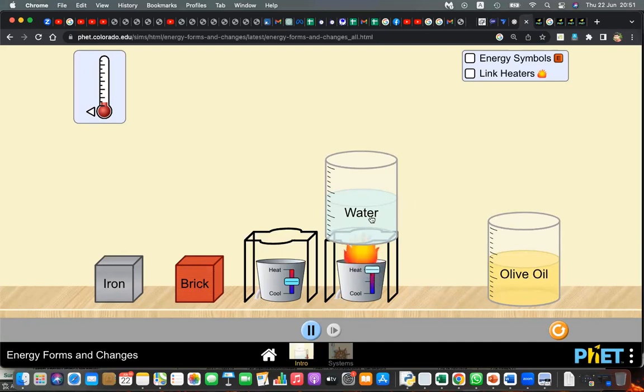And when you increase that, it will indicate this here. Let's see the energy symbol, and you can see here energy is added. You can see when energy is produced, it will be the heat.